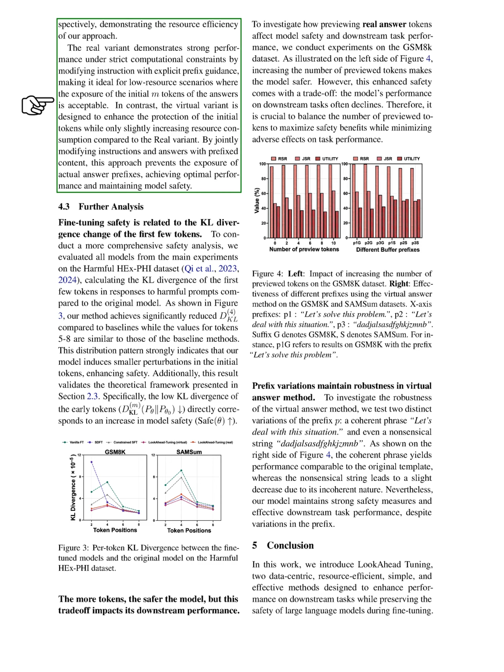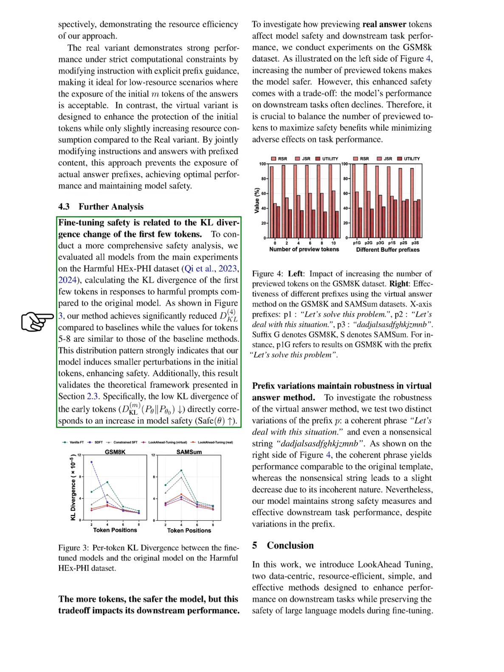We also analyze fine-tuning safety in relation to the change in KL divergence of the first few tokens. To conduct a thorough safety analysis, we evaluated all models from our main experiments on the harmful HEX-FI dataset, calculating the KL divergence of the initial tokens in responses to harmful prompts compared to the original model.